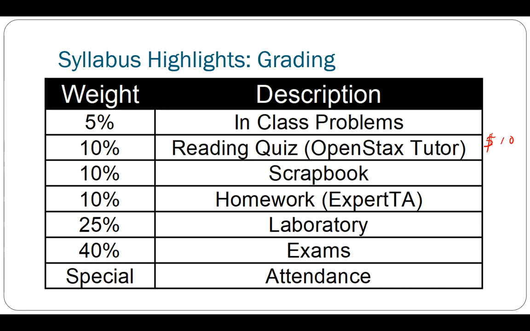So there'll be different numbers of questions depending on how many sections we're doing that day. And with the grading of that, I'm doing a kind of unique grading. You'll get 50% for just answering the questions if you do it on time.